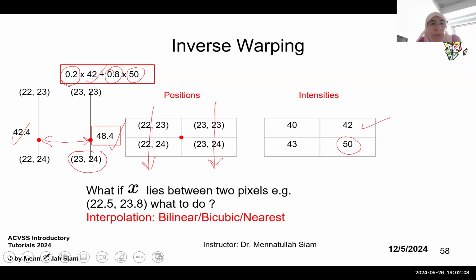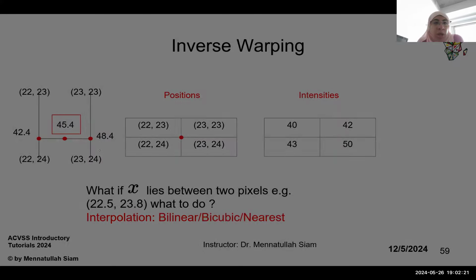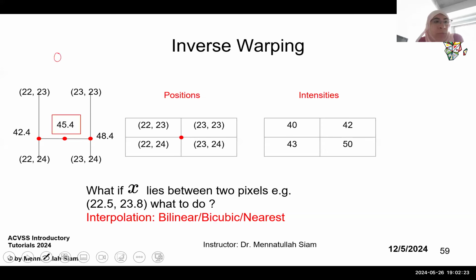So we have 22.5. It's exactly in between, like half. So I'm going to take half of this value and half of this value, and this will be the final output. The final output is simply 0.5 multiplied by 42.4 plus 0.5 multiplied by 48.4.